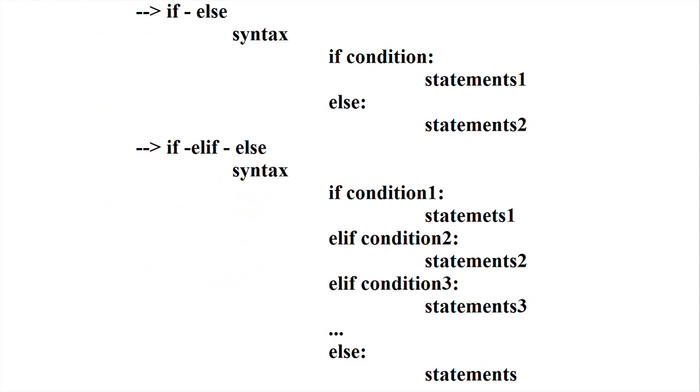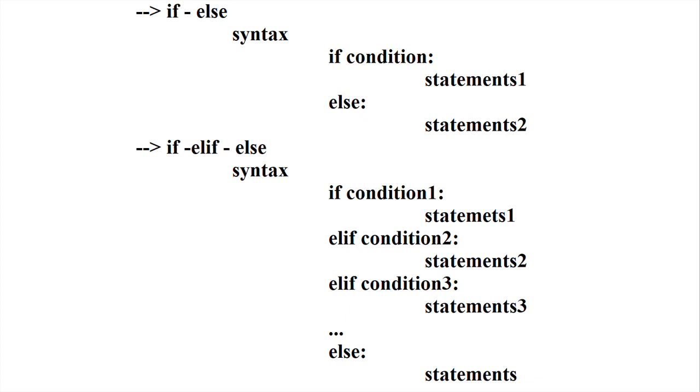In that, if the condition specified in the if statement evaluates true, then it executes statement 1. The else part is required only if a certain sequence of instructions needs to be executed when the if condition is false, then it executes statement 2.